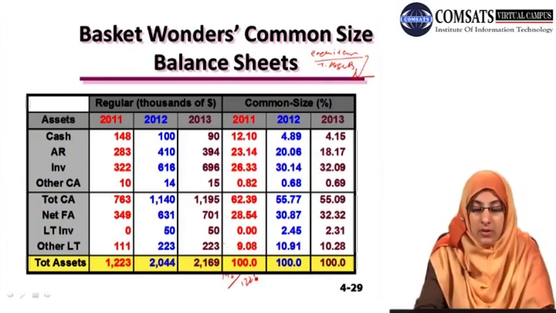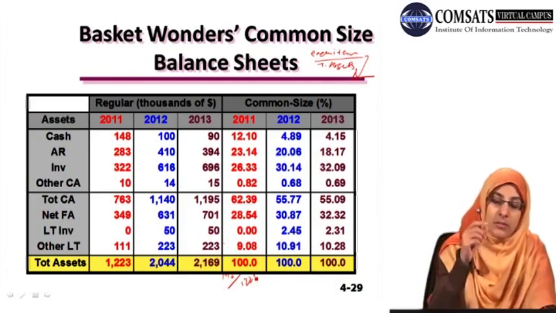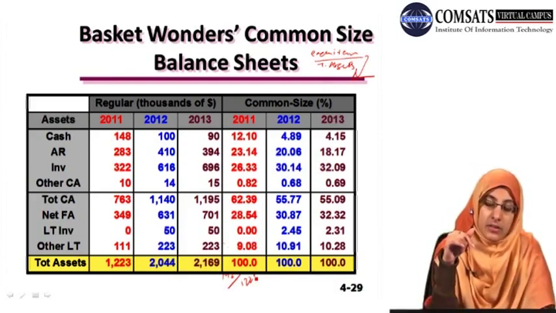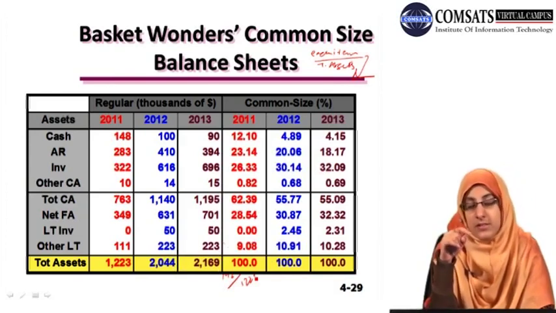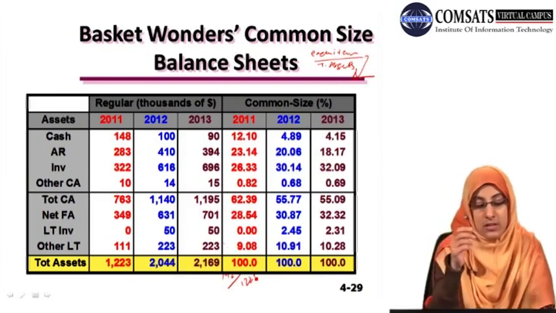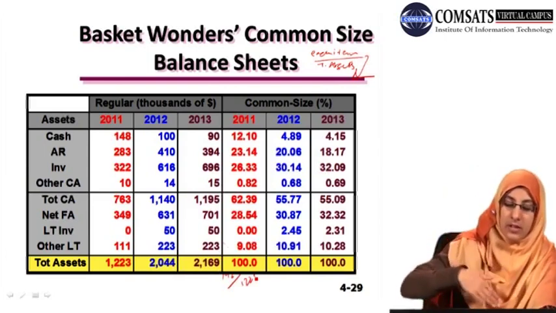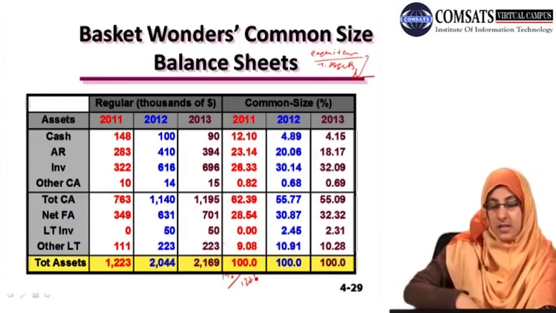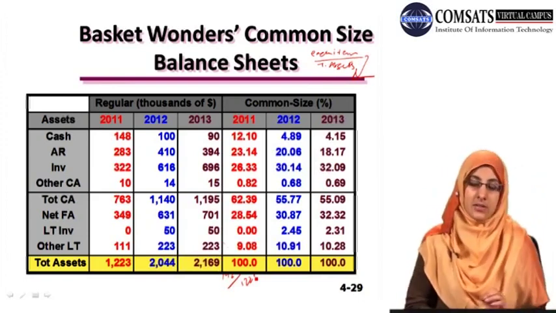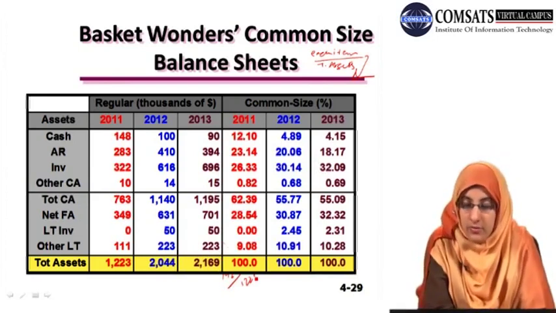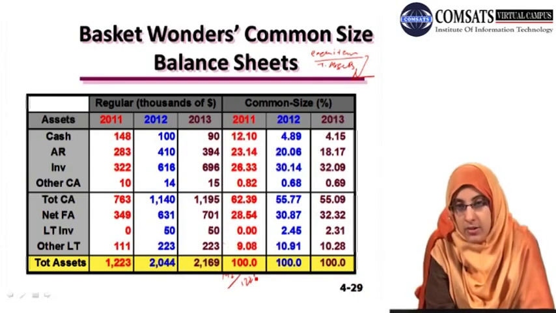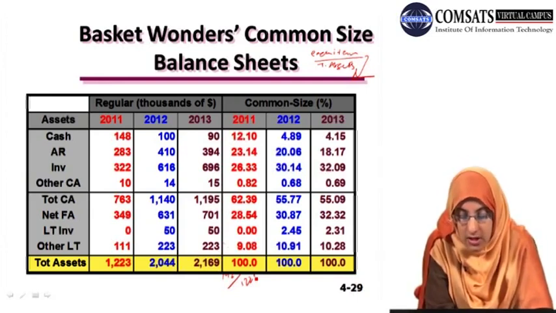Similarly, for 2012 we convert them into percentages through cash divided by your total assets, which gives the common size value. Similarly for accounts receivable, inventory, total current assets, and in the end total assets, we divide each and every item by the total assets value. For 2013, we are dividing 90 by 2169.